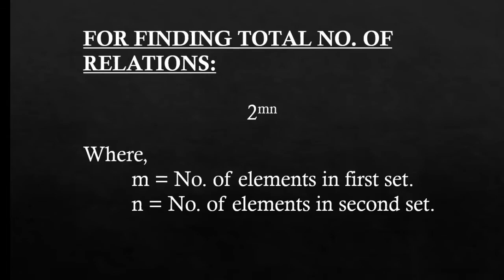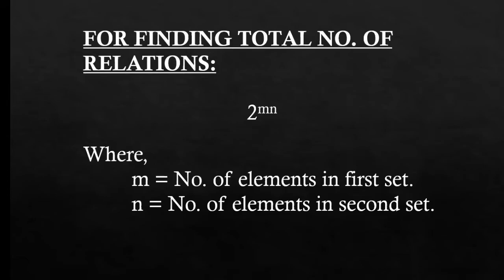Remember I told you before that mn is the formula to find out how many elements are going to be there in the Cartesian product. So if the set A has 5 elements and set B has 3 elements, we can multiply them together to find out how many elements are going to be there in the Cartesian product. But this is the formula for finding the number of relations in that Cartesian product, or the subsets of that Cartesian product.